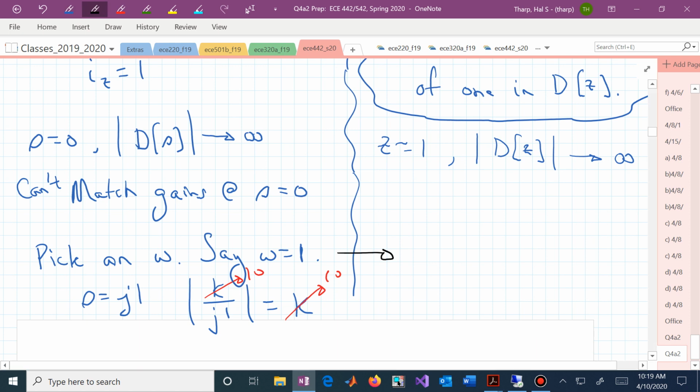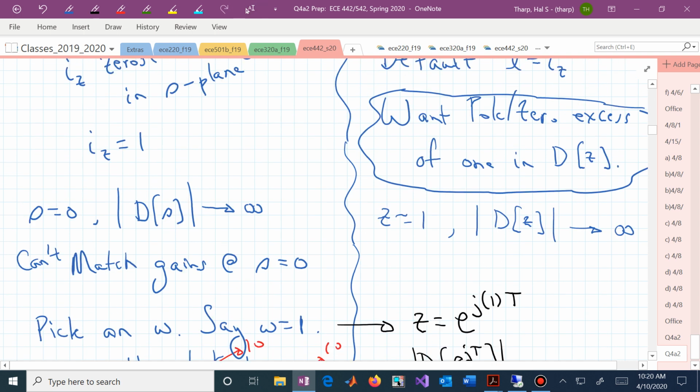in the z-plane. Now you're looking at saying, oh, z is equal to e to the s, and s is j1 times t. You'll have to be given, or you'll have to determine a t, but you now have that. Now you would say, oh, let me find the magnitude of e to the jt in this d of z structure.